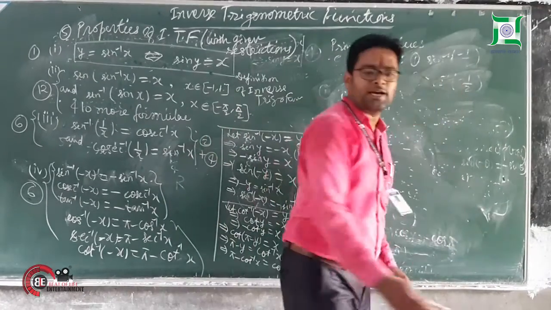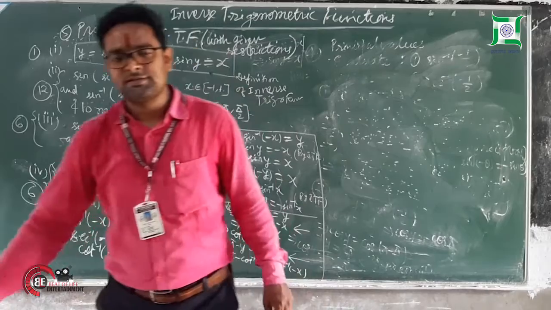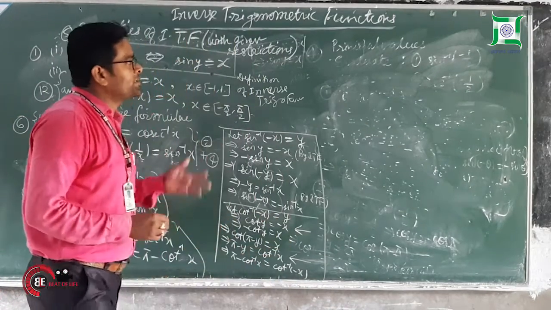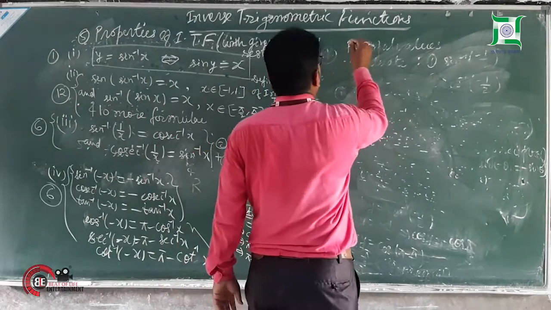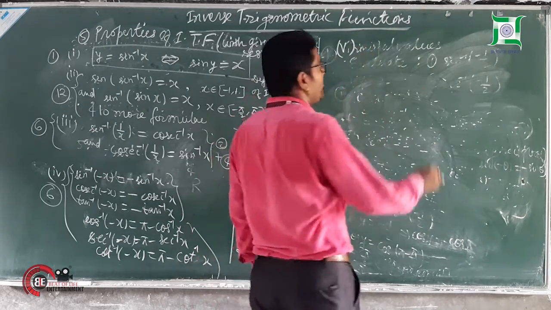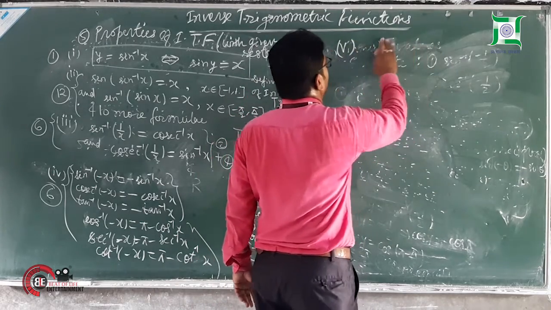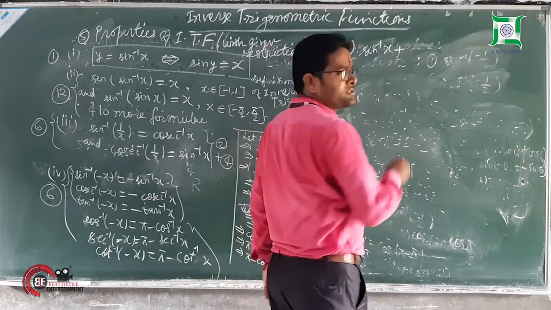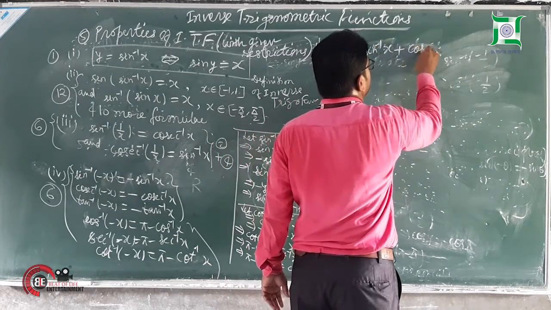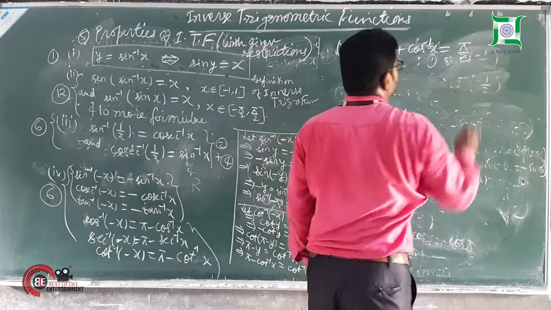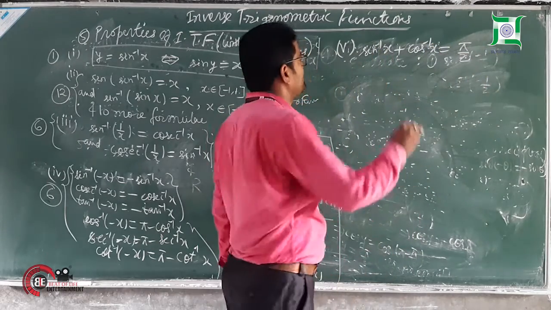Let us see the next category of properties. Next is the fifth category of formulas, based upon the complements. Sin inverse x plus cos inverse x is equal to pi by 2. They are complements of each other.